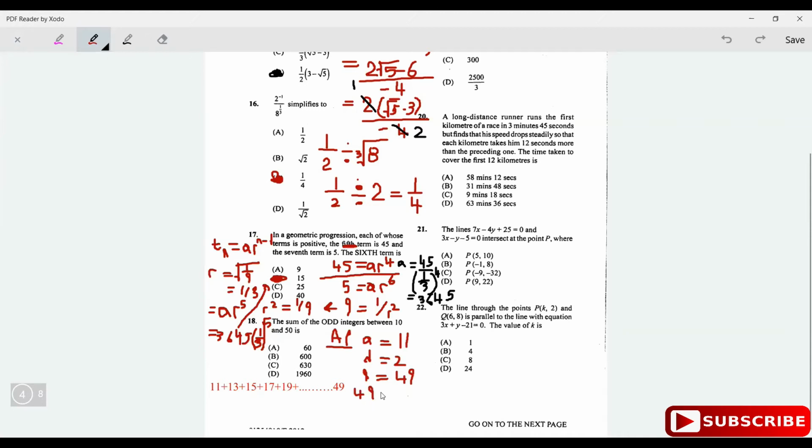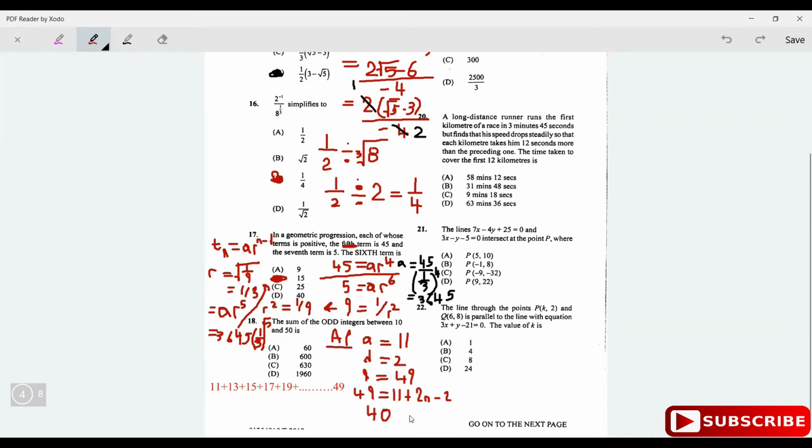We just need to find how many terms there are. 49 is 11 plus n minus 1 times 2, so it works out to be 2n minus 2. We'll bring over 11, subtracting 11: 49 minus 11 plus 2. I'm getting 40.